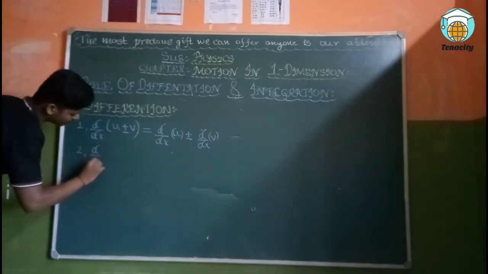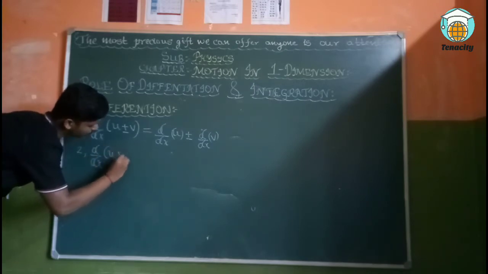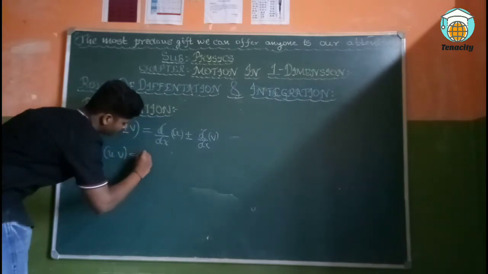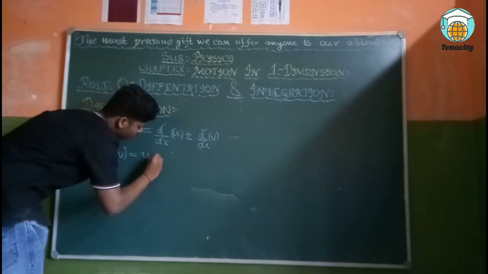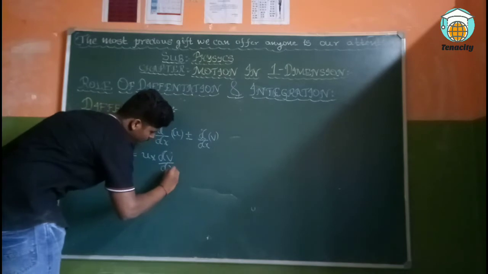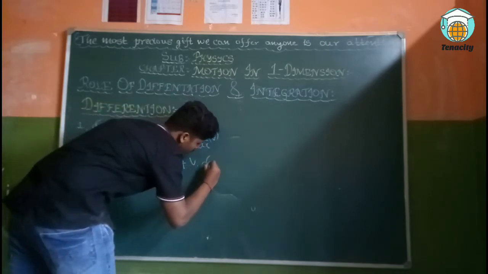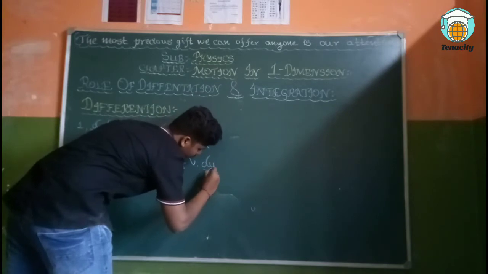And d by dx of u into v is equal to u into dv by dx plus v into du by dx.